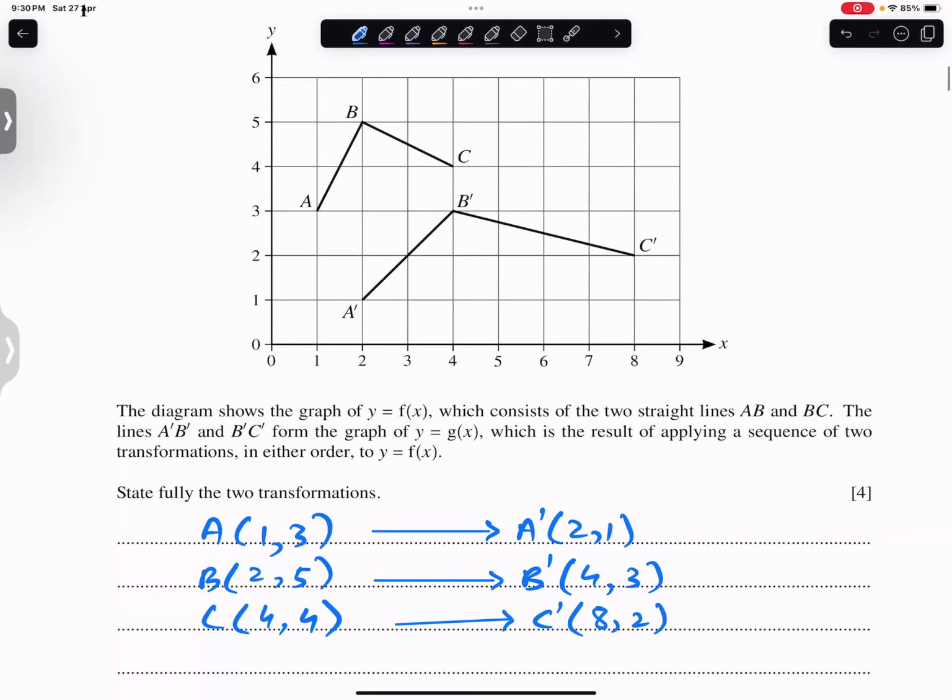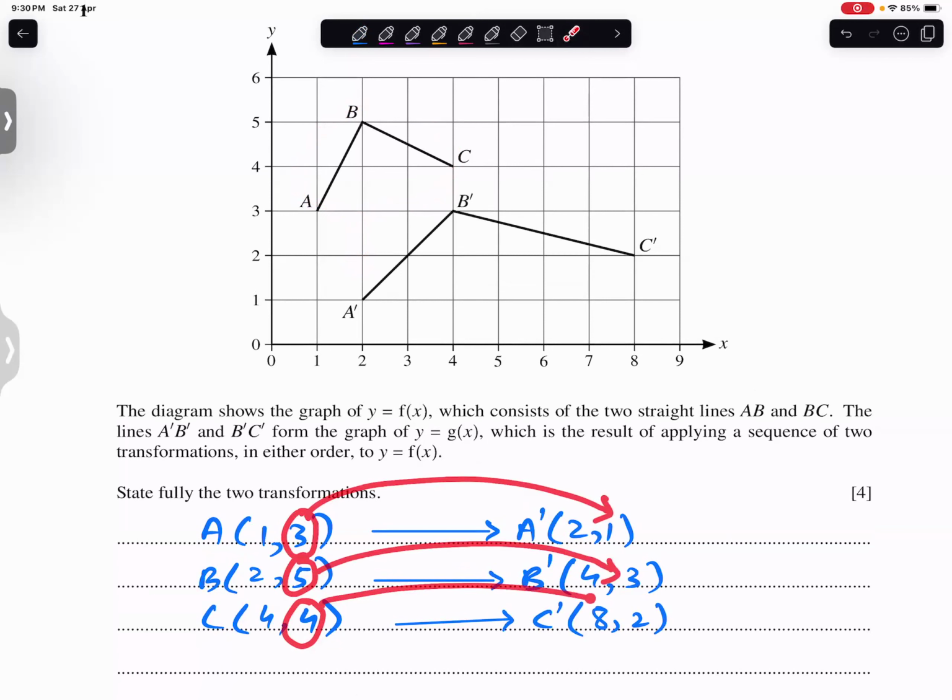Now, as I said, this graph is translated 2 units downward. You can see this change is in the y coordinates. 3 becomes 1, 5 becomes 3, 4 becomes 2. So it means 2 is subtracted from the y coordinate. So this is known as vertical translation.